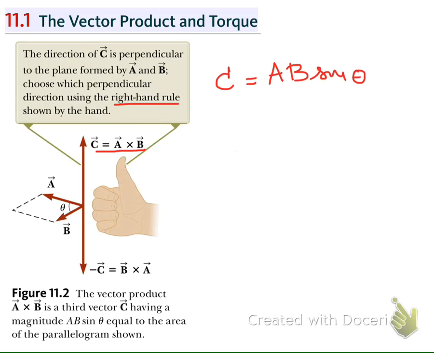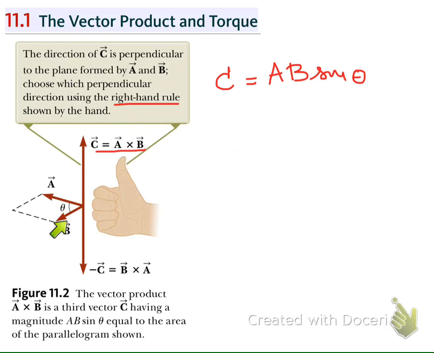We can see from this definition that A cross B is not equal to B cross A. In fact, A cross B is equal to the minus of B cross A. This is quite obvious from this figure.